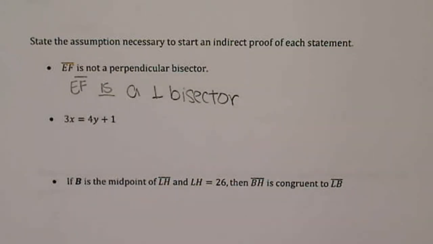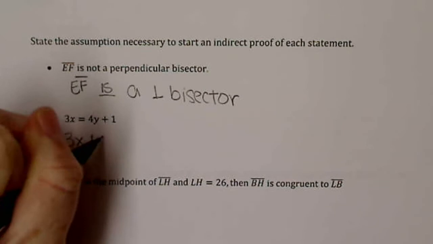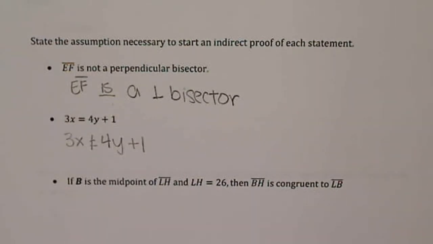And if I can't, then hey, it's not a perpendicular bisector. Second one, if 3x equals 4y plus 1, the opposite would be that it does not equal. 3x does not equal 4y plus 1. And the opposite of equals is doesn't equal. Third one, if B is the midpoint of LH and LH equals 26, then BH is congruent to LB.